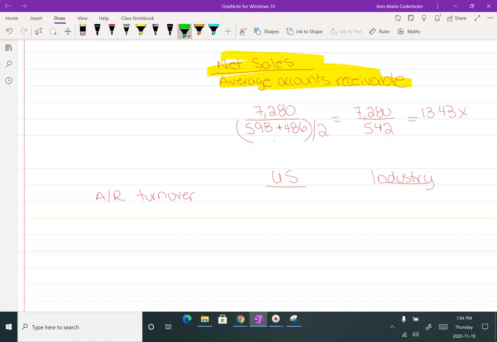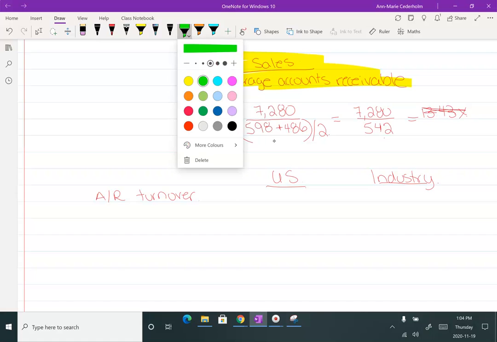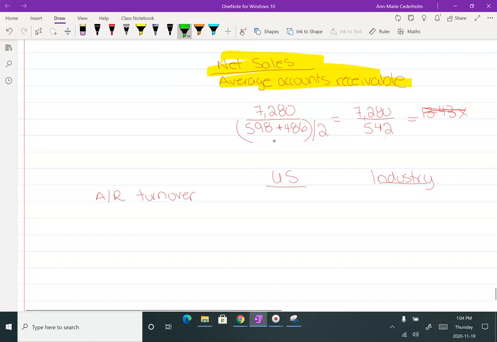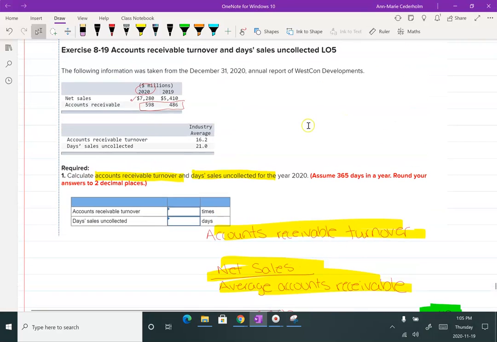So we just said, trying to turn my highlighter on here. We just said that my accounts receivable turnover is 13.43 times. And then industry is 16.2.